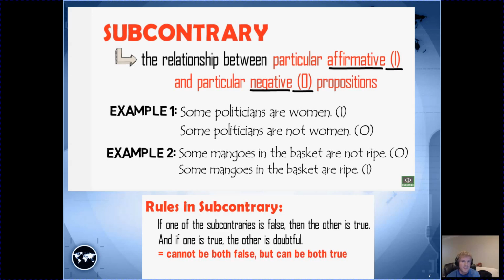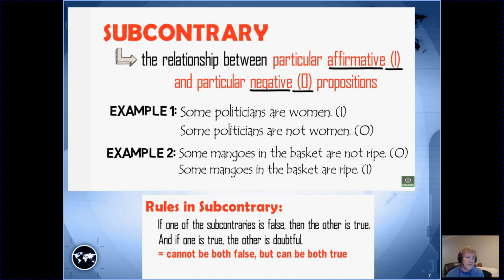So when it comes to some, that's when it's like, okay, it could be that all politicians are men, because they said some politicians are not women. But once you say that some politicians are women, then if you say all politicians are men, that's when you go back to the contrary and so forth. So that's where you see the sub-contrary. Okay? If we say that some politicians are women, then all politicians are men must be false. If we say that some politicians are not women, it could be that all politicians are men.